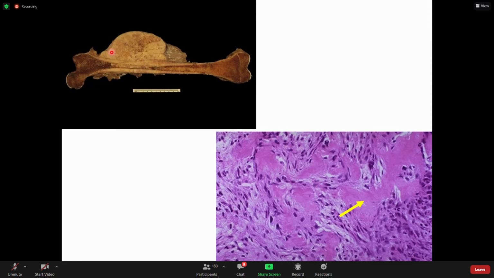Now, the malignant tumor cells, in this case the malignant osteoblast, still retain the ability to make the osteoid, which is one of the diagnostic features of one of the subtypes of osteosarcoma, okay? So what you're looking at is an osteosarcoma. And this is the end of this lecture.